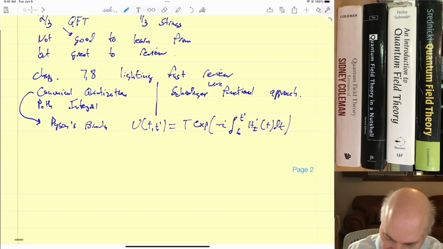Time ordering is what makes this really interesting. And then you have Green's functions, which is time ordered, ends up being, you get this wonderful formula.